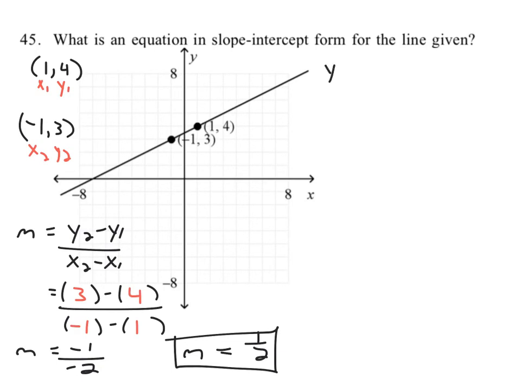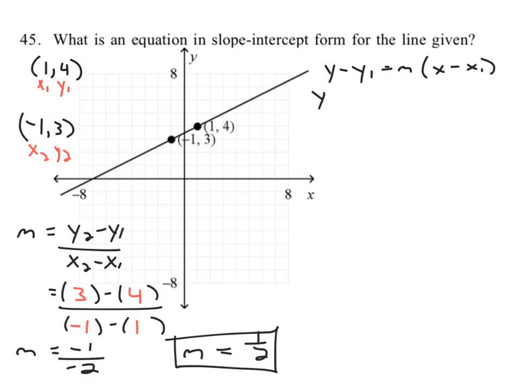We will say y minus y1 equals m parentheses x minus x1. Or y minus, which point do we want to use? Y minus, I'll use the one with both positive numbers because it just makes it easier. We're not subtracting negatives. Y minus, and that's the first point over here, by the way, this point.